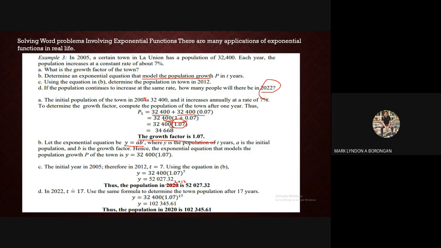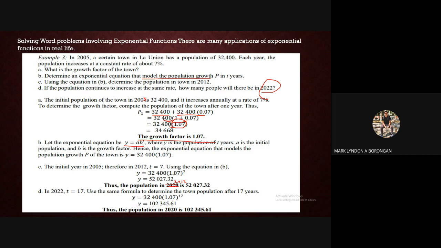So we use the same formula to determine the town population after 17 years. You'll now have y is equal to 32,400 times 1.07 to the power of 17. If you input this in your calculator, you'll have the final answer of y, which is equal to 102,345.61.